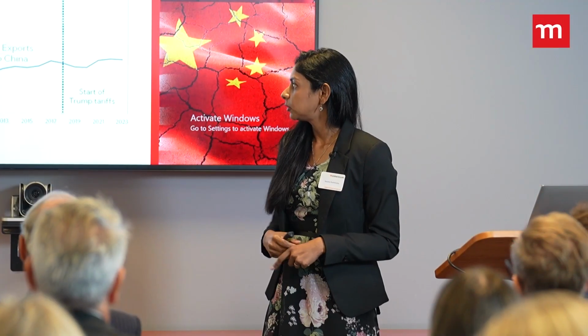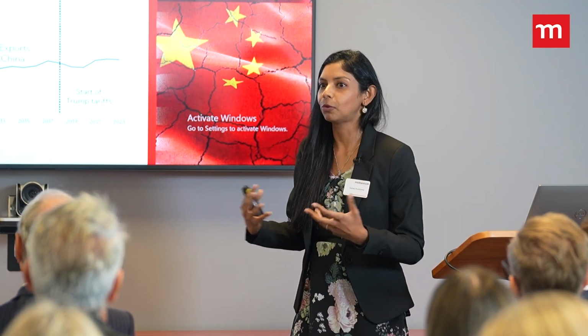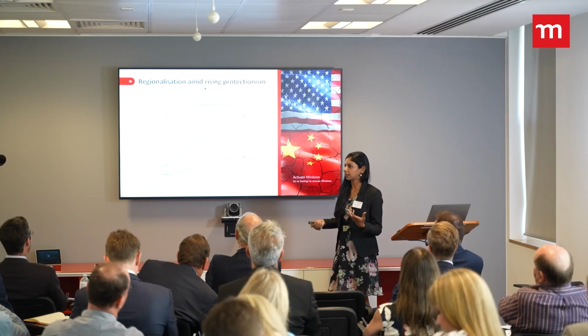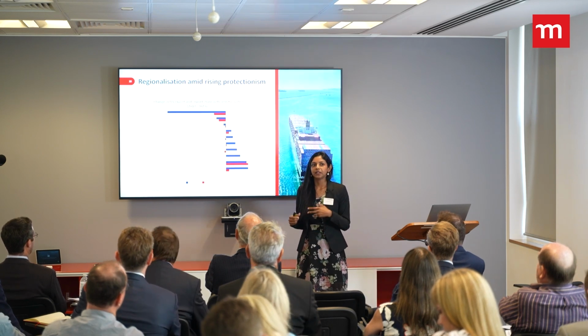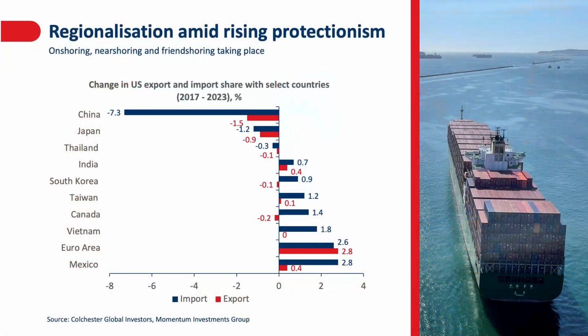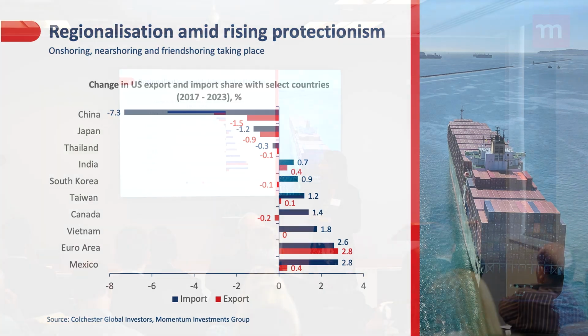And what we saw from Colchester Global Investors is that there's a very high probability of tit-for-tat retaliatory policies. So if there's a subsidy that comes through, there's a 75% chance that there's going to be some form of retaliation on the other side of the trade dynamic. As a result, we've seen that trade with China has fallen quite significantly since Trump came in in 2016.